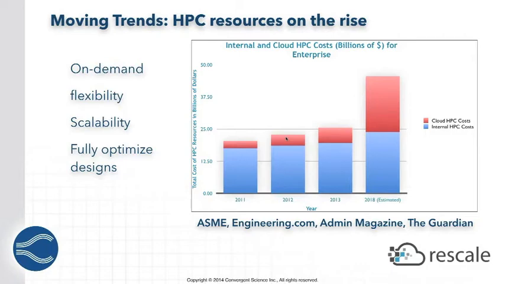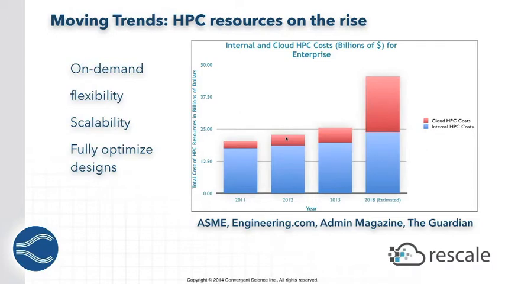Cloud HPC usage specifically doubled over a 2-year period between 2011 and 2013, increasing from 13.8% of overall HPC use to 23.7%. Within about 5 years, it's actually estimated that cloud HPC resources will be roughly 45% of all HPC use, with about $22 billion spent each year on high-performance computing in the cloud.